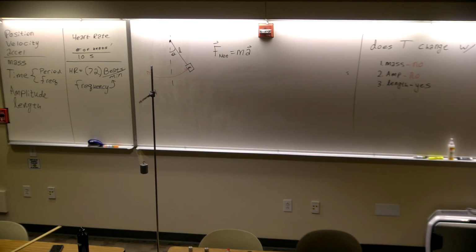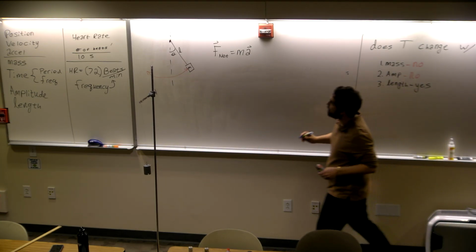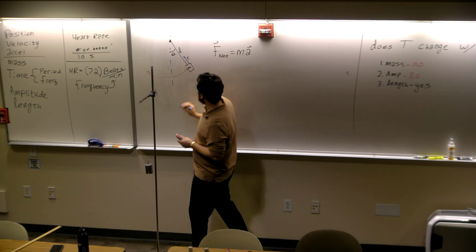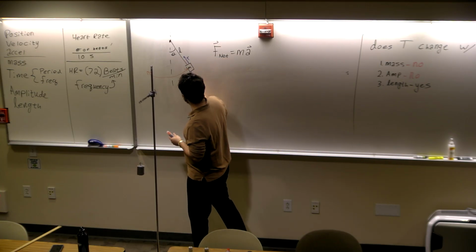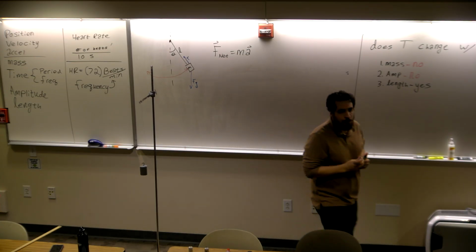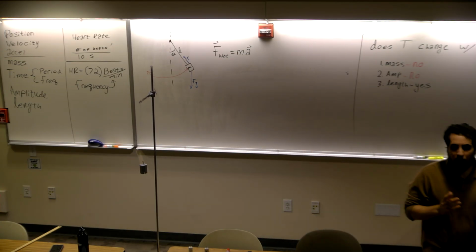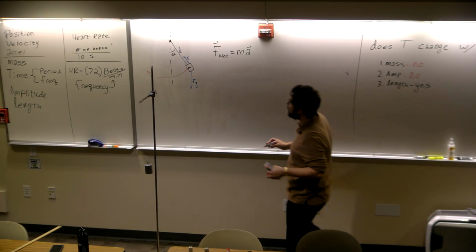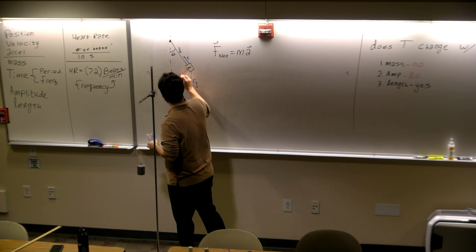Well, what is acting on this mass? We have a tension force going upwards, as well as a gravitational force downwards. But the entire gravitational force does not cause the motion to change. It is only the portion of the gravitational force that moves in the direction of motion.